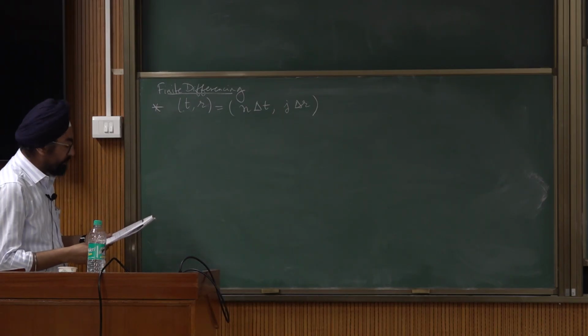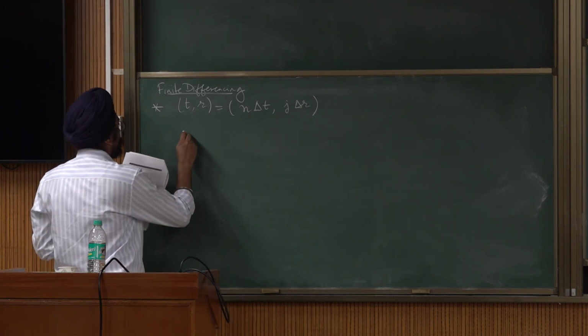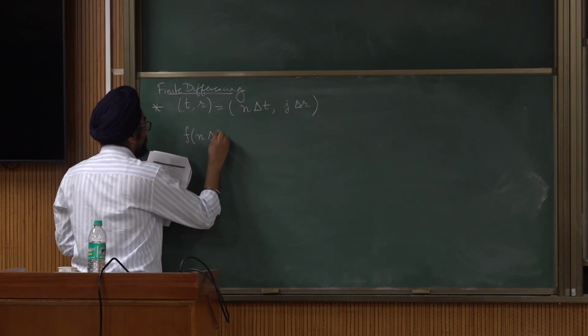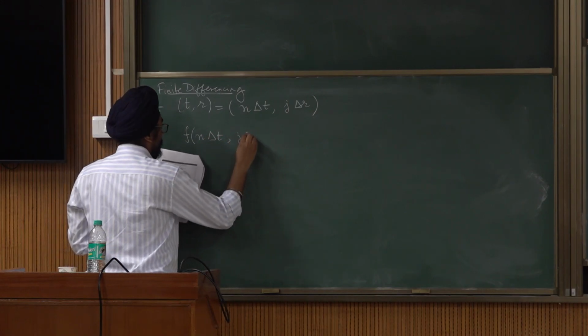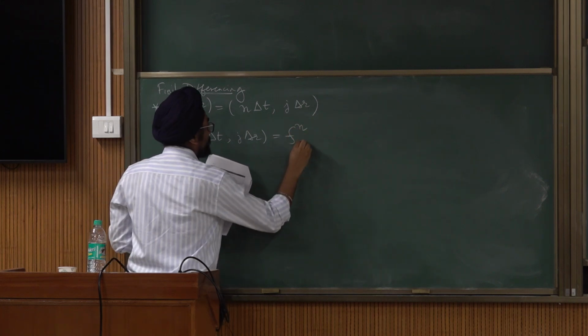These are the radial and time step sizes. You will just use this notation: the function f at t, j delta r is just f n j.